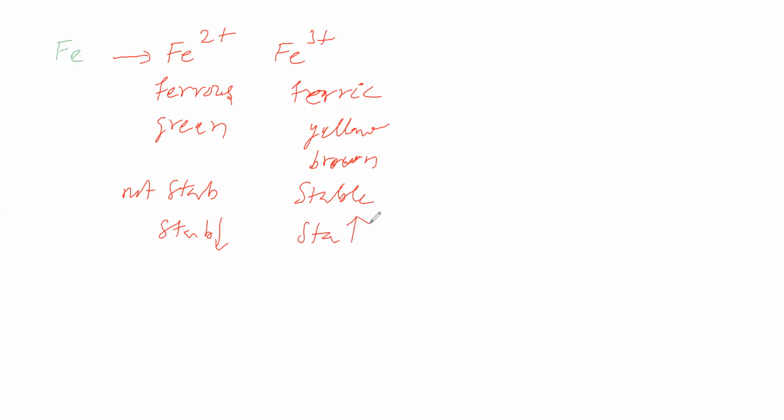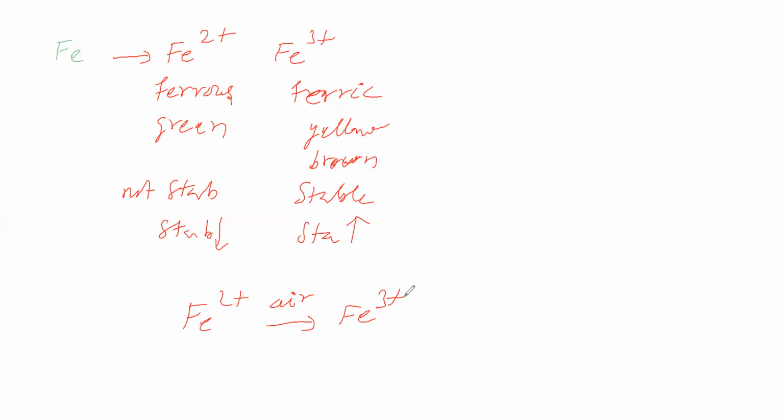Now, how do we know that ferrous salts on exposure to atmospheric air immediately become ferric? Suppose you are doing a practical exam and you are given ferrous salts. You take ferrous salts from the lab, and at that time they exist as green color.